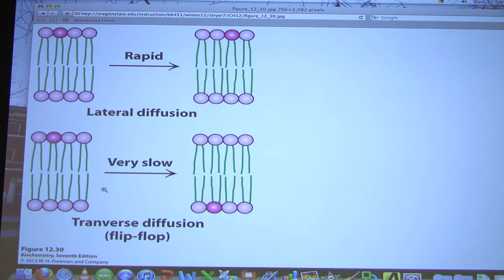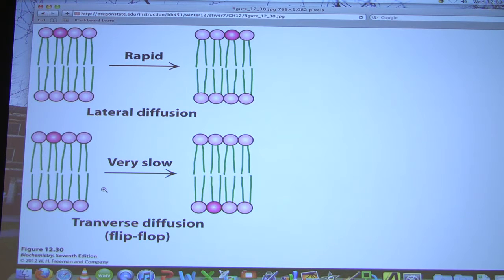So in the top figure, we can see a lipid bilayer that has a specifically marked molecule. You can see it in red there. And you see that in this lateral diffusion, the red guy is shifting places on the same side of the membrane. In this case, it's going from position number 2 to position number 3.